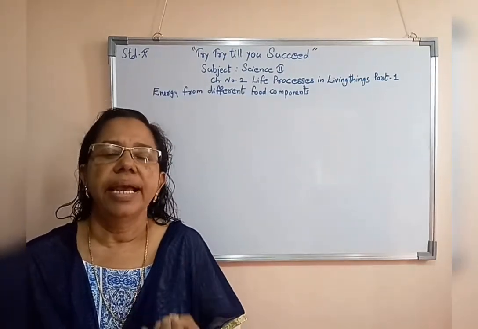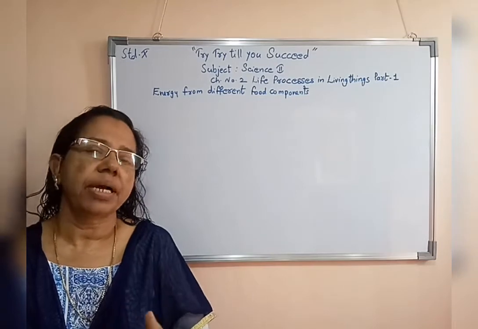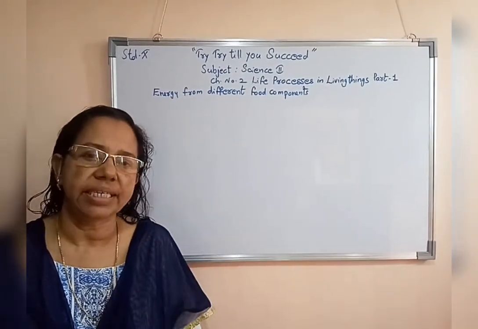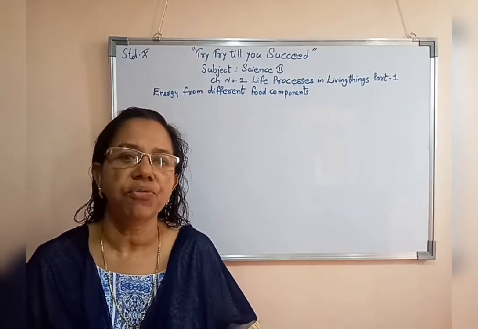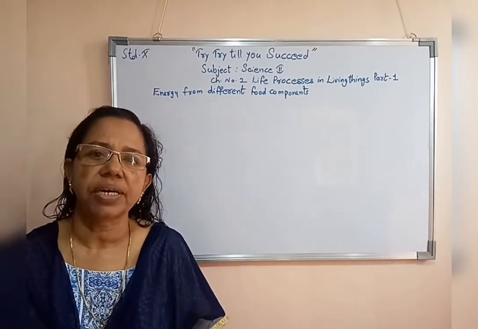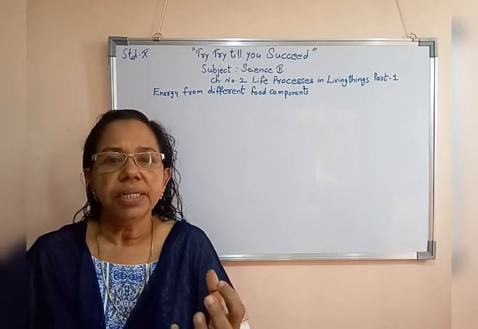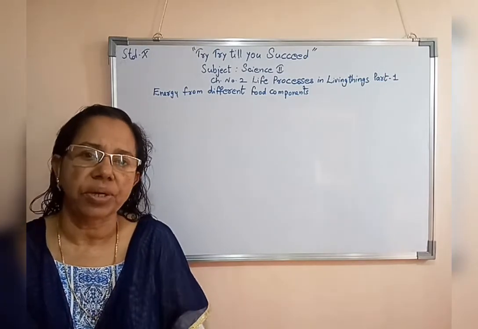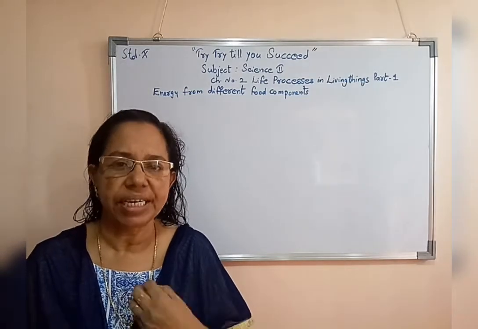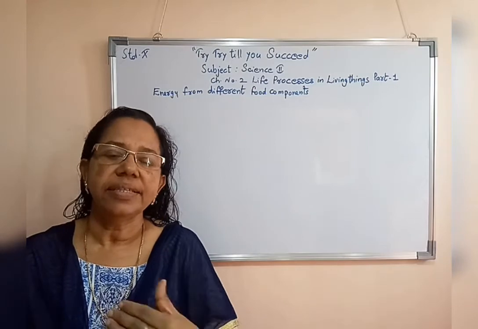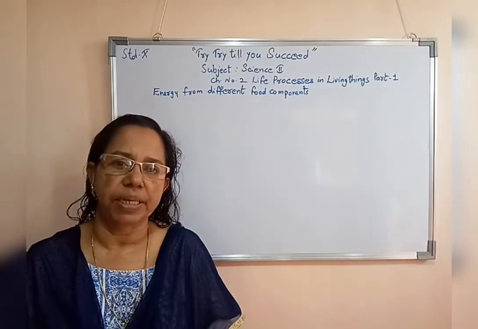Let us study energy obtained from different components of food. Before, we had already studied how we get energy for our day-to-day work from carbohydrate. Now we are studying about protein. The food materials which contain protein we consume. After that, that protein gets digested. Then from that, amino acids are formed.